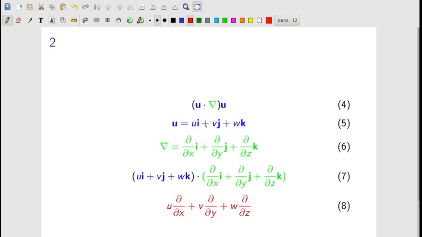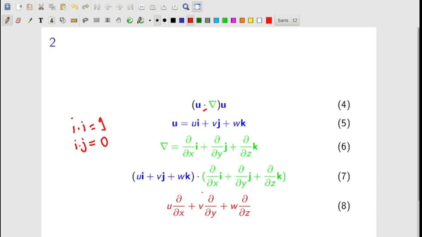This is the velocity vector in Cartesian coordinates, and this is the del operator in Cartesian coordinates. When you take the dot product of both of them, if you remember the properties of the dot product, if you have equal terms, this is 1, and if you have different terms, for example i dot j, this is 0.